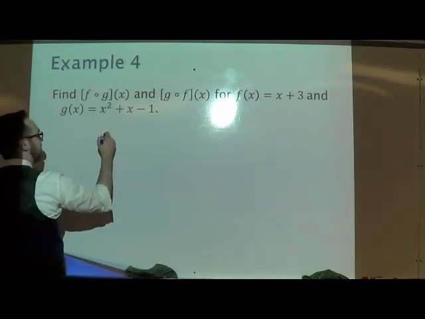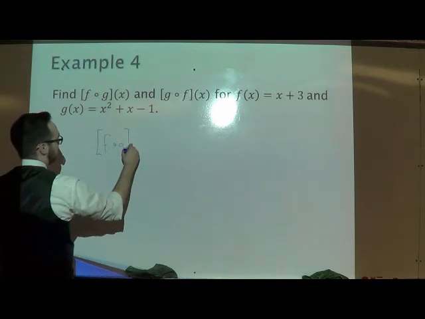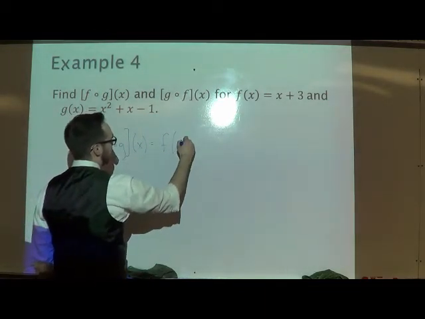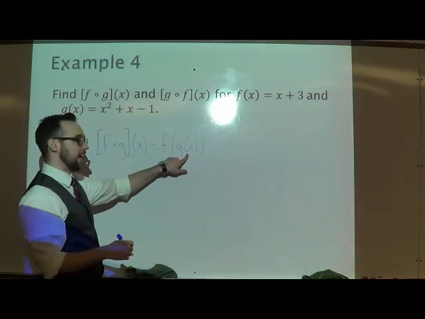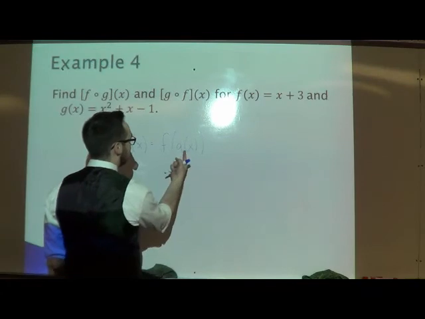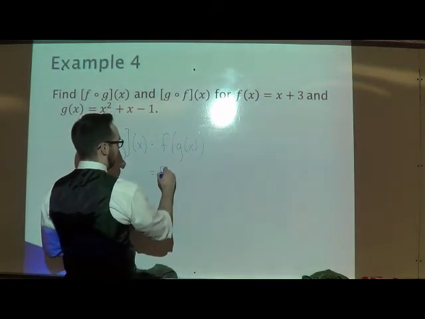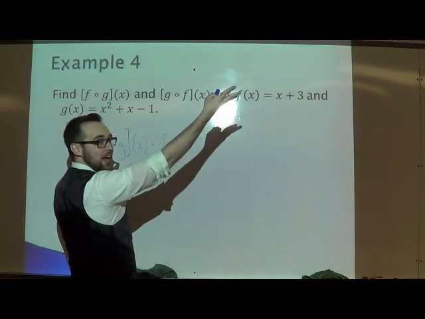So f of g of x, when I rewrite that, that's really saying f of g of x. Remember, the second one is the one on the inside. So what that means is I'm putting g inside of f. So all I'm going to do first is replace g of x. I work from the inside out.